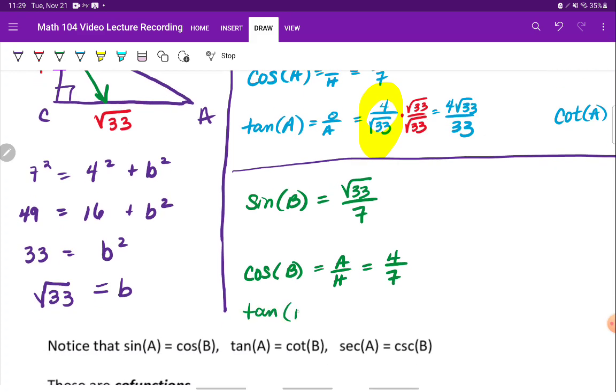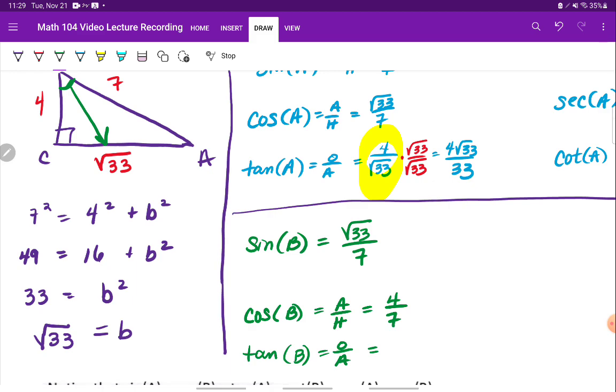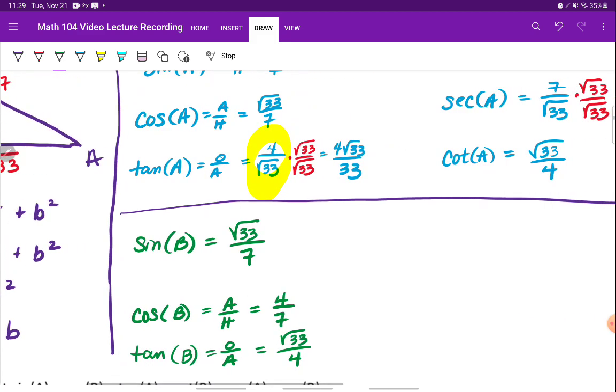And then tangent of angle B, that's our opposite side divided by our adjacent side. Opposite is square root of 33. Adjacent side is 4. And then we'll do our reciprocals. Cosecant of angle B will be 7 over the square root of 33, which we'll rationalize.